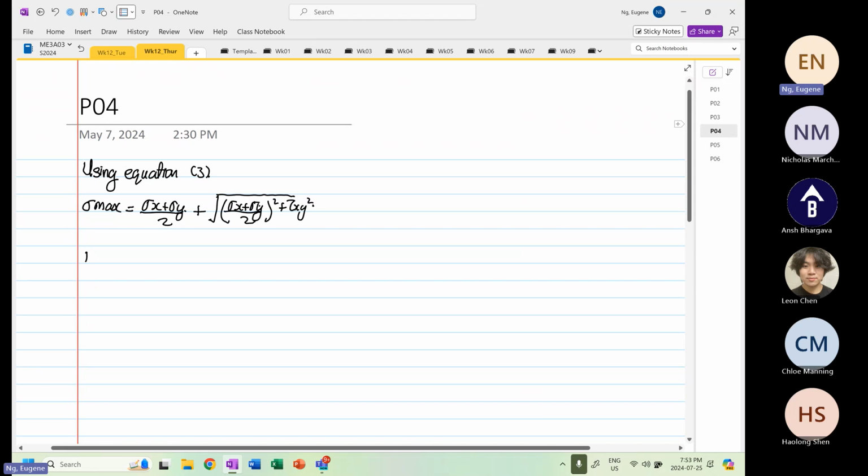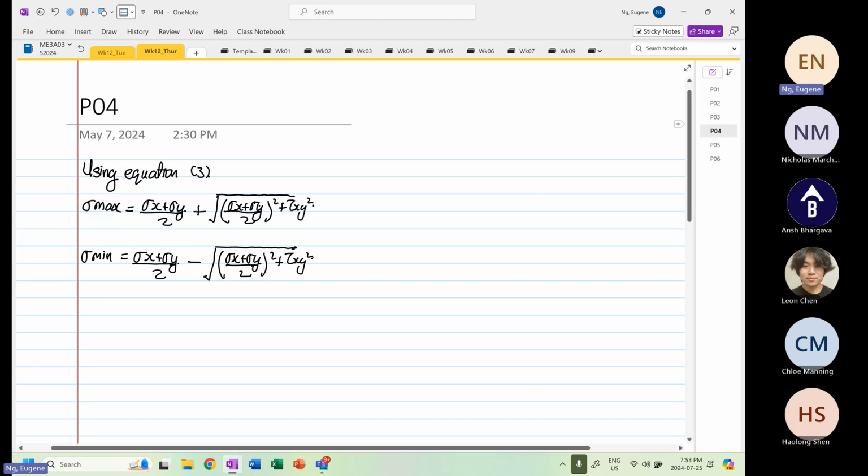And we also know that stress mean is equal to stress x plus stress y divided by 2 minus, and then we have this form. We have this form as in stress x plus stress y divided by 2, the whole thing squared, plus shear xy squared. Okay.